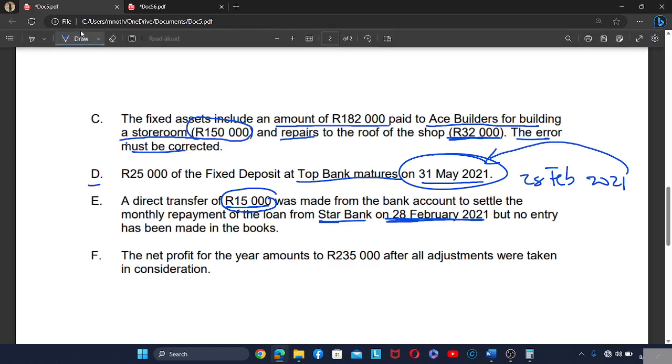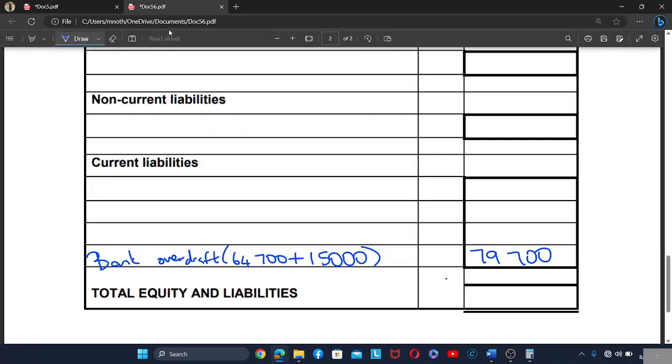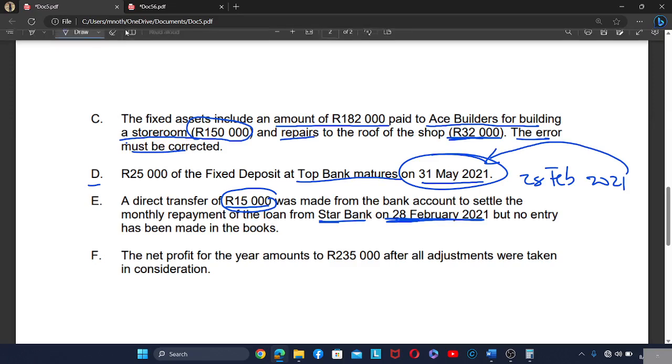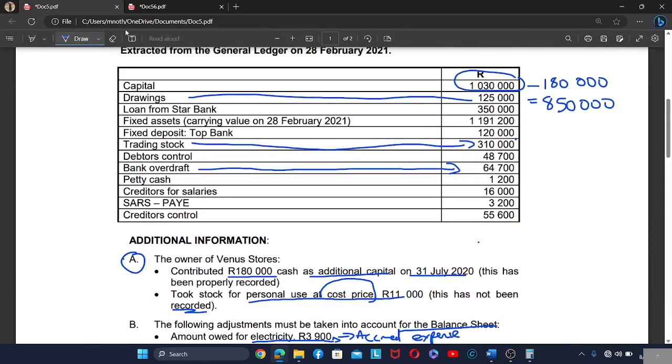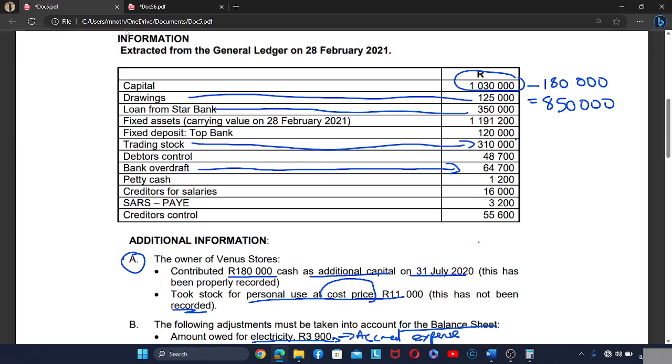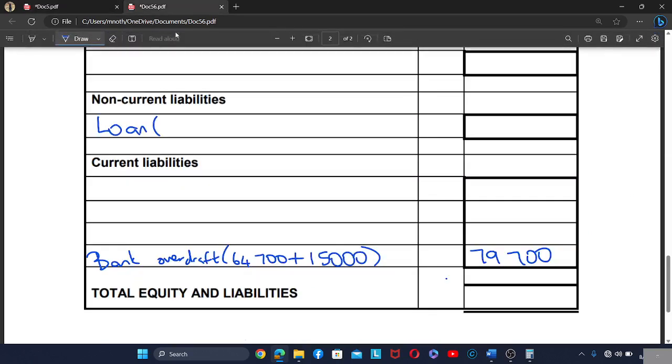Right? And then the last part, before the last part, we are told that the business made a payment and no entries were made. So we know that when they're making a payment, the loan is supposed to decrease. The loan is how much? 350,000.